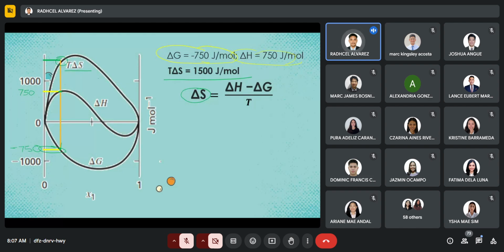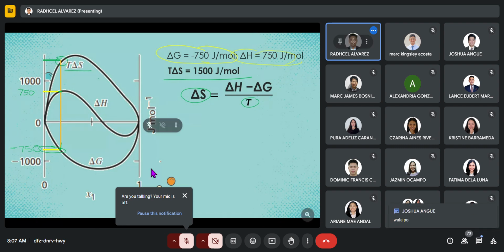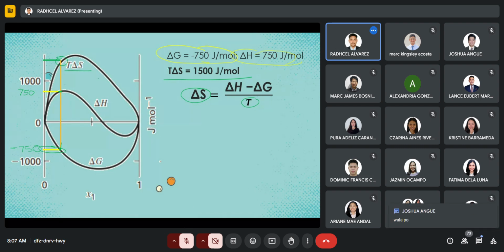Question, meron ba tayong given na temperature? May binigay ba na temperature? Wala po.